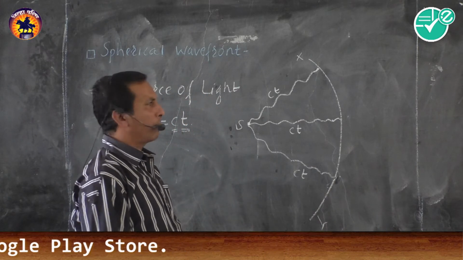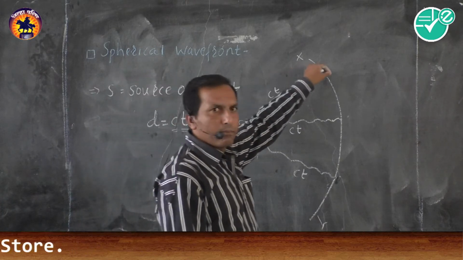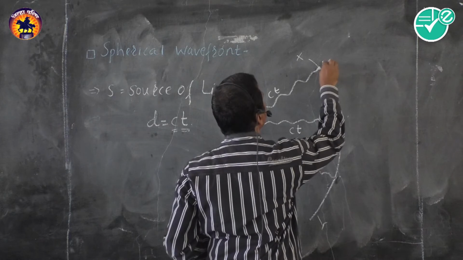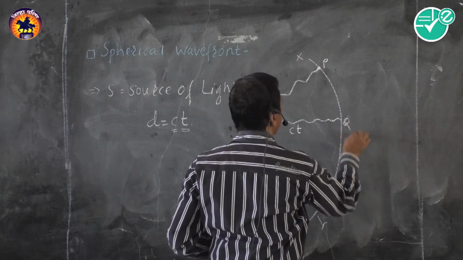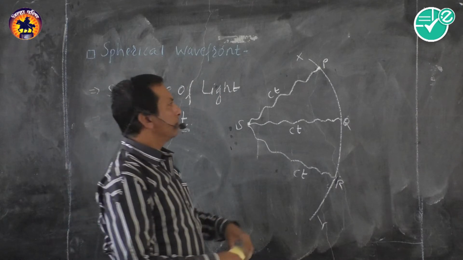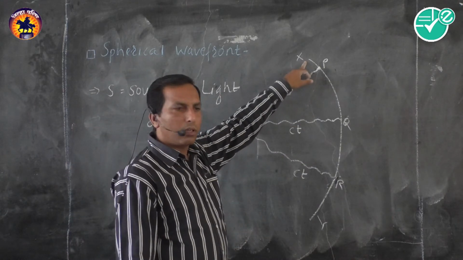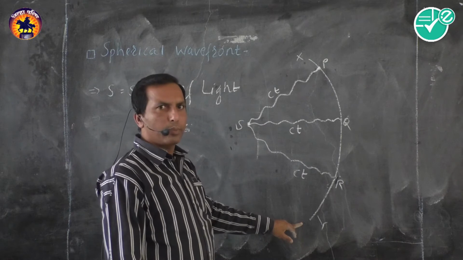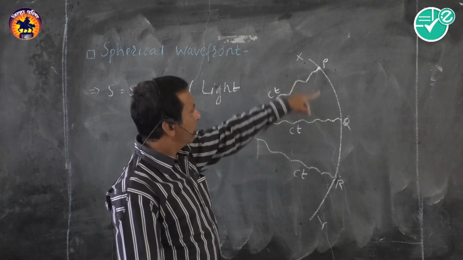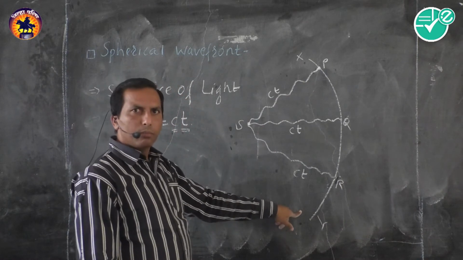We have to construct the position of the next wavefront. Suppose P, Q and R are the points on the wavefront, that is, the spherical wavefront. Look at the shape of this wavefront.